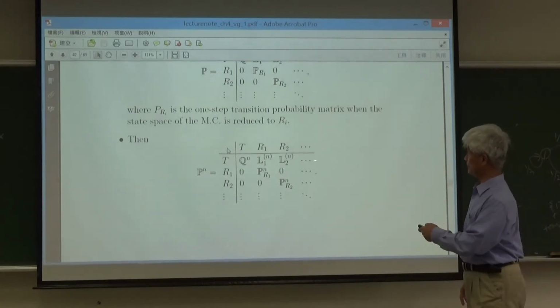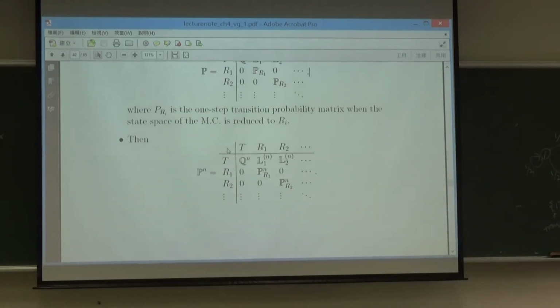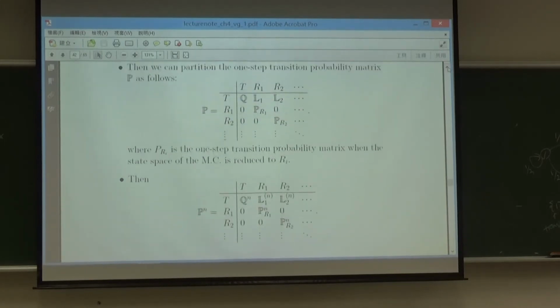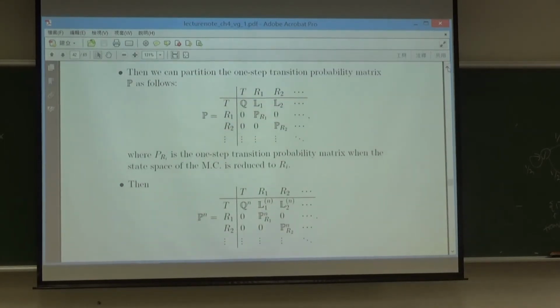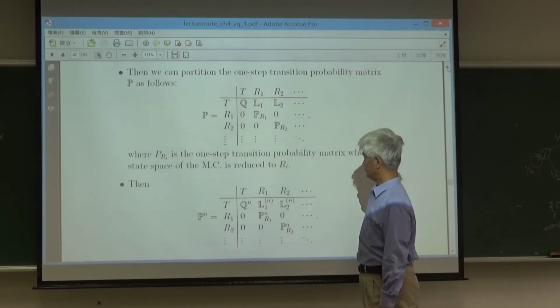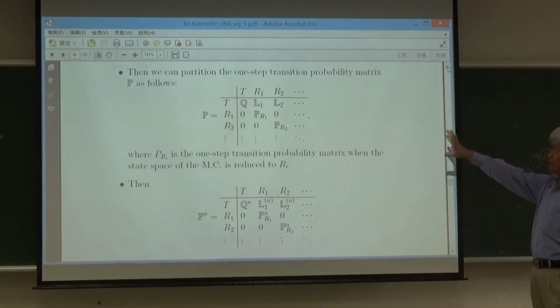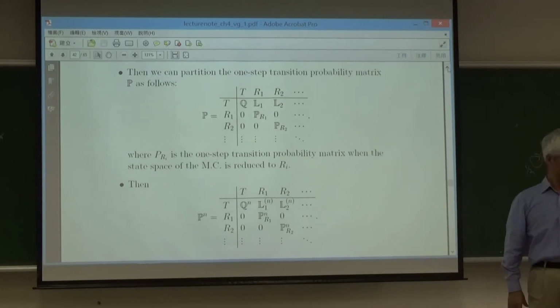In general you should take this, but it is not the n-th power of L1. So don't misunderstand the notation. So you can have a total picture of the one-step transition probabilities as well as the n-step transition probabilities of the Markov chain. Any questions?